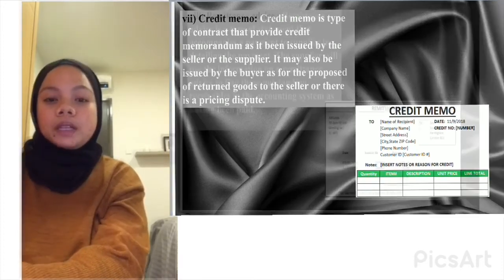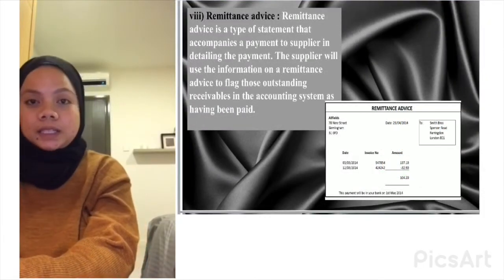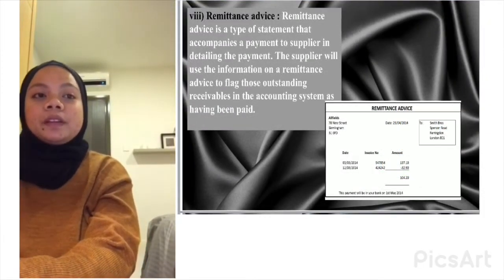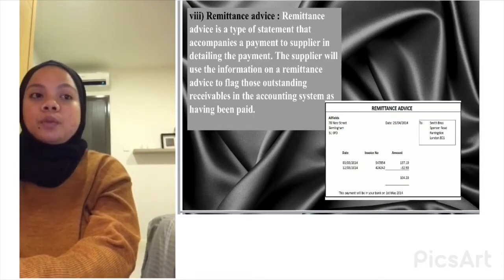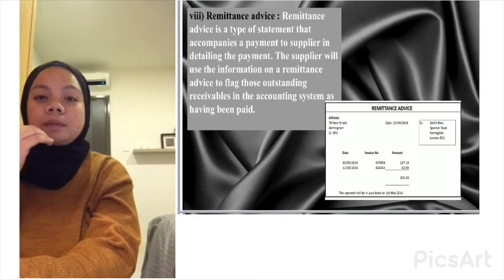Right? So the remittance advice. A remittance advice is actually a type of statement that accompanies a payment to the supplier. This remittance advice details the payment to the supplier.